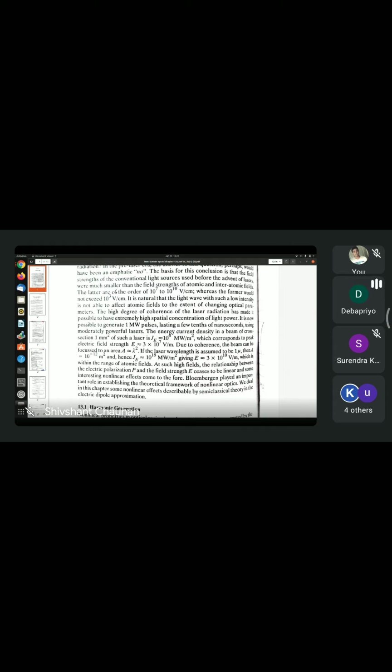So 10 to the power 12 watt per meter square is equal to half into velocity of light, that is 3 into 10 to the power 8 meters per second, into epsilon 0, which is equal to 8.85 into 10 to the power minus 12 in MKS units, and times E square. So if you finish the calculations, you will find that this electric field is now of the order of 10 to the power 8 volts per meter.